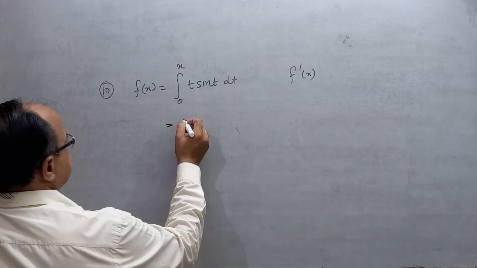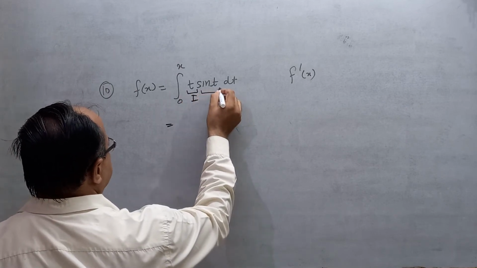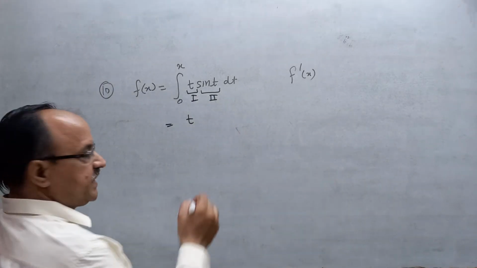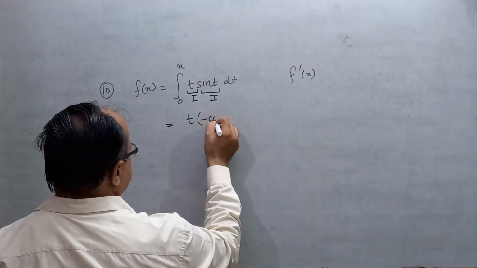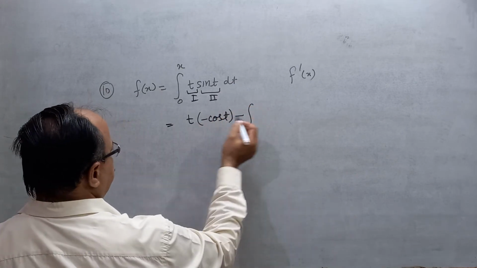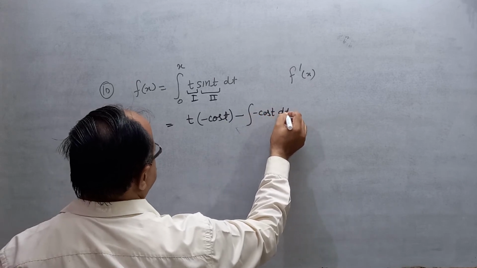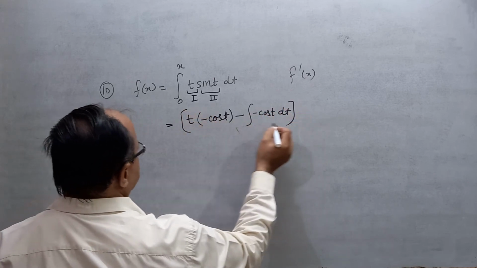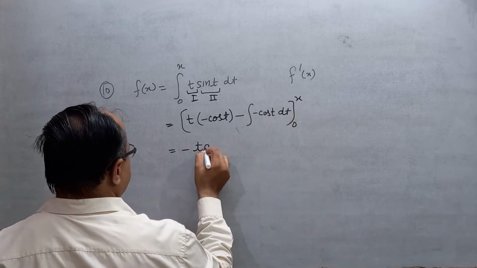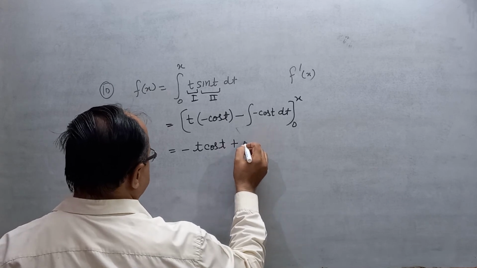Integration by parts. First function t, and this is the second function. First function as it is, integration of sine is minus cos t, minus derivative of t, 1, that is minus cos t dt, from 0 to x. That is minus t cos t plus the integration of cos t, that is sin t.